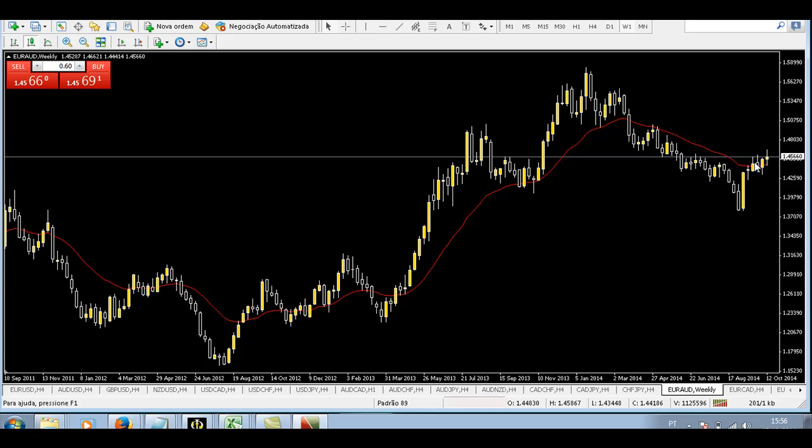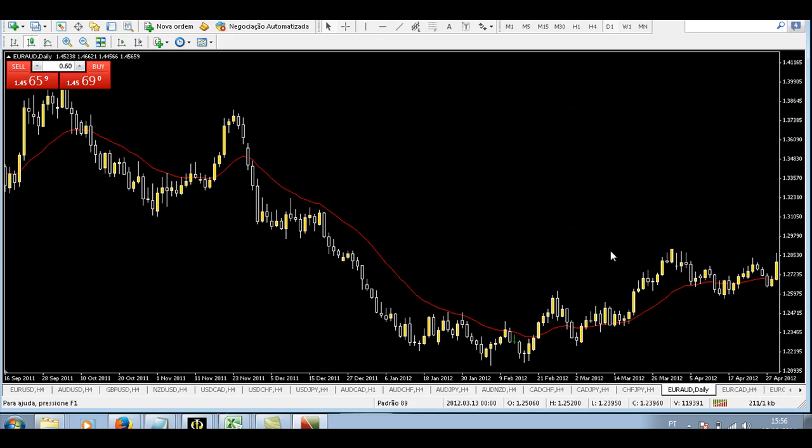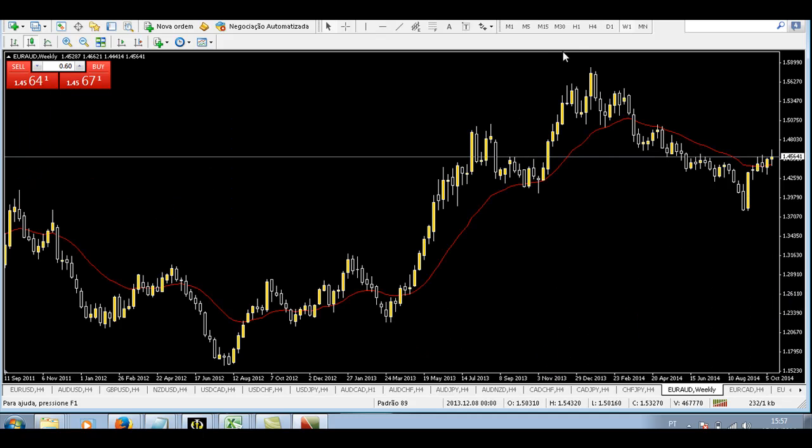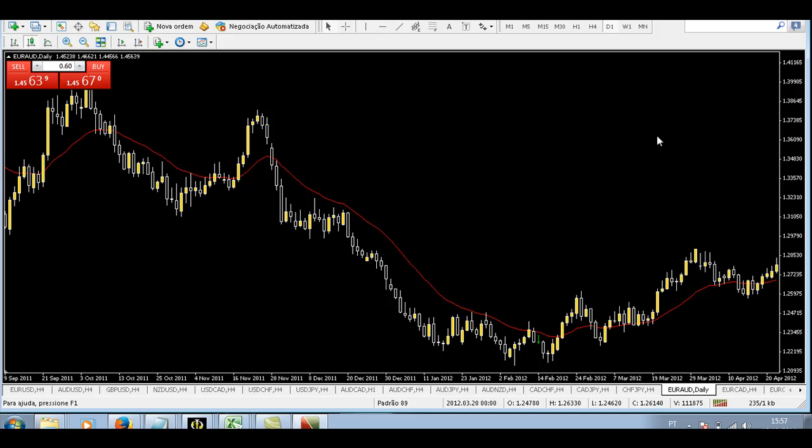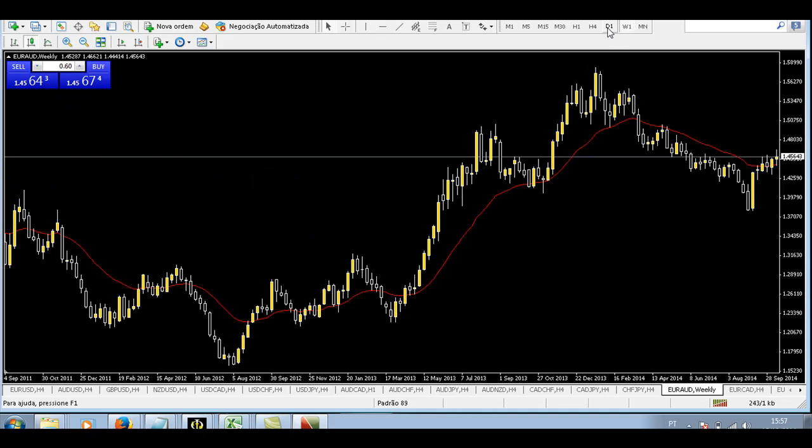So you can identify the trend here with the 21 moving average method I was talking about. You can use this method and then go to the daily graphic, and since the trend is up, I'm going to identify some support point where it's ideal to buy and risk yourself and initiate some operation, because the weekly graphic can influence the daily graphic.